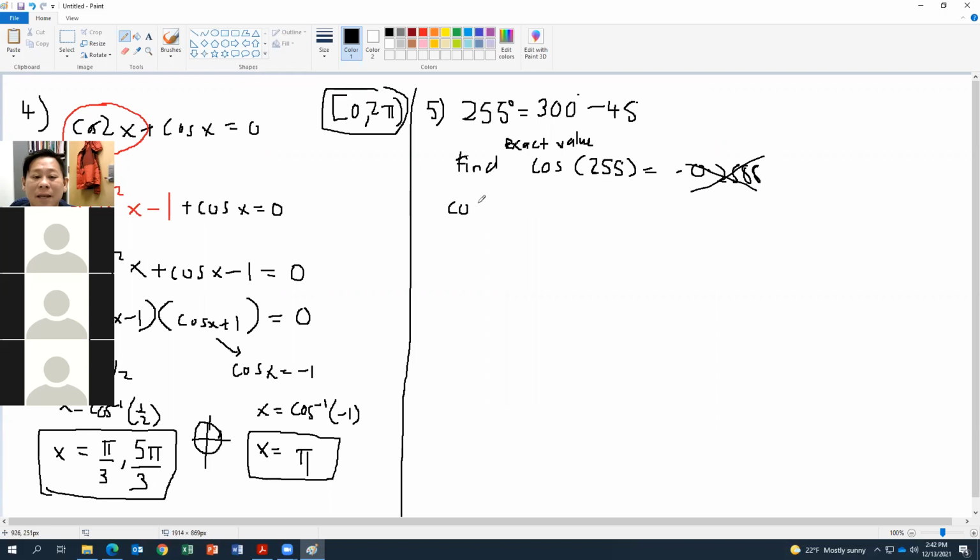So what you need to do here is use this. We know that 255 degrees is 300 degrees minus 45 degrees. And as you know, this is the difference. So what is the cosine u minus v formula?